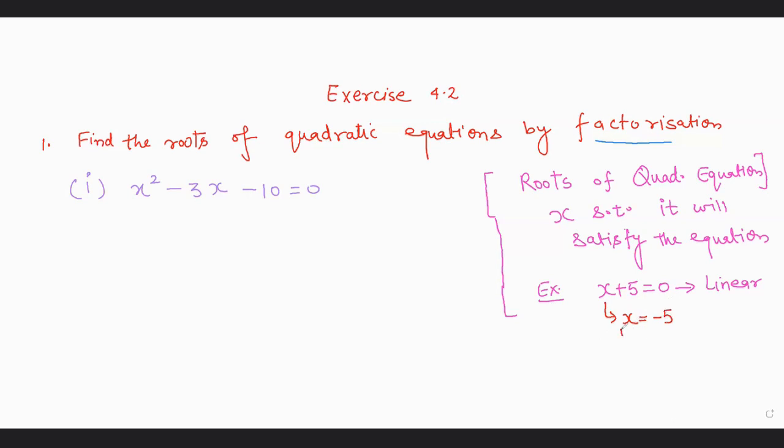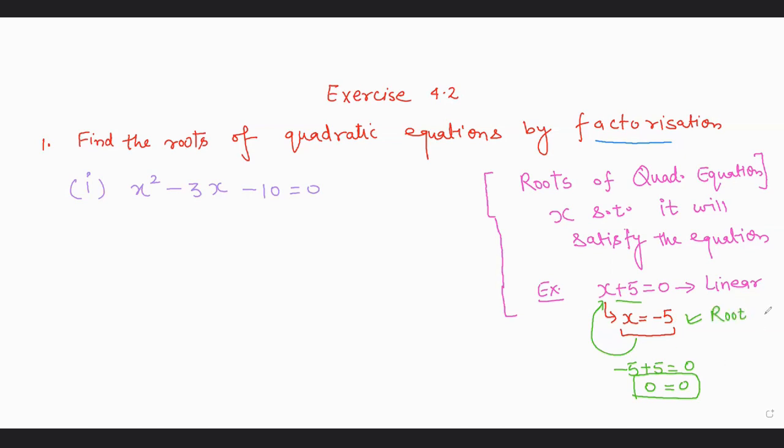If I substitute this value, we get negative 5 plus 5 equal to 0, which means 0 equal to 0. So x equals negative 5 satisfies this equation, so it is the root of our linear equation.